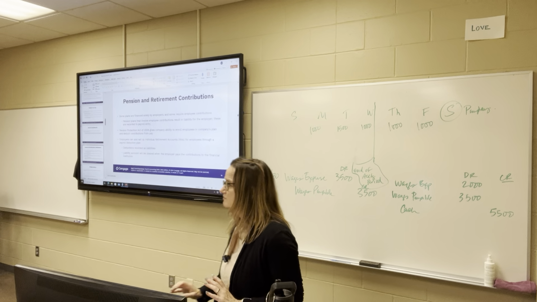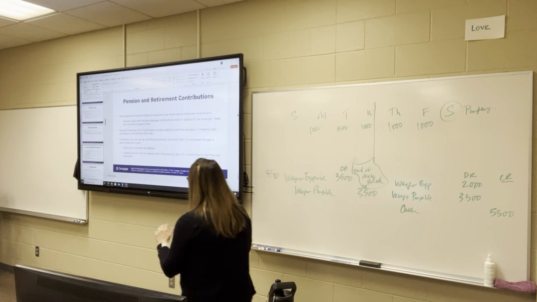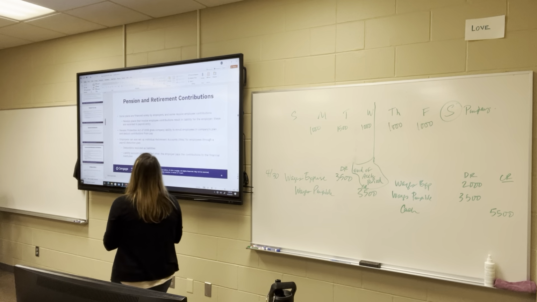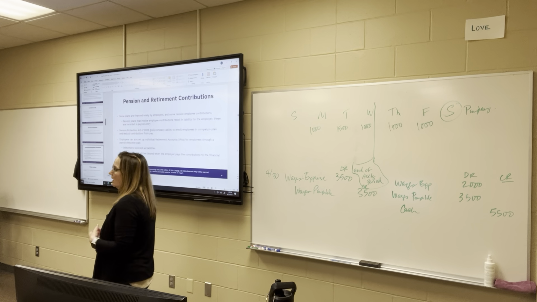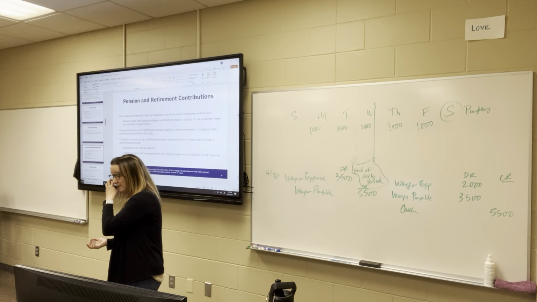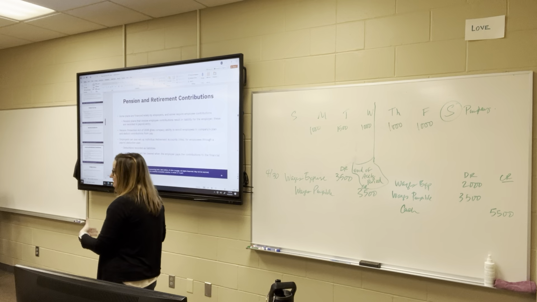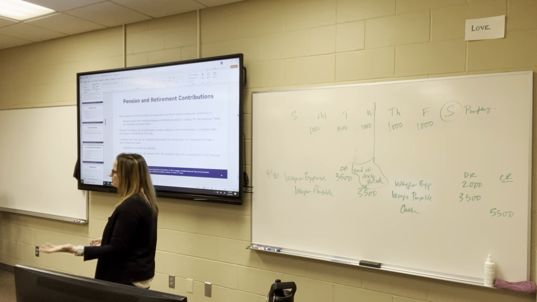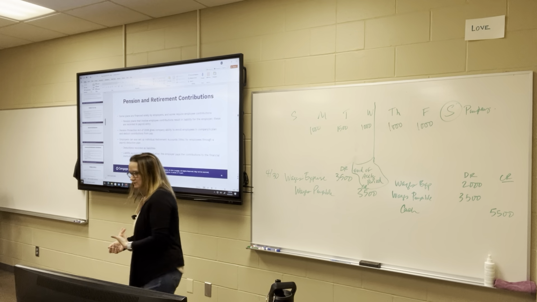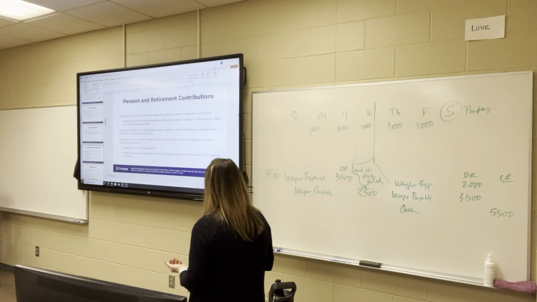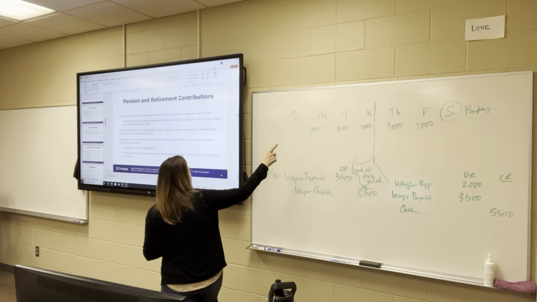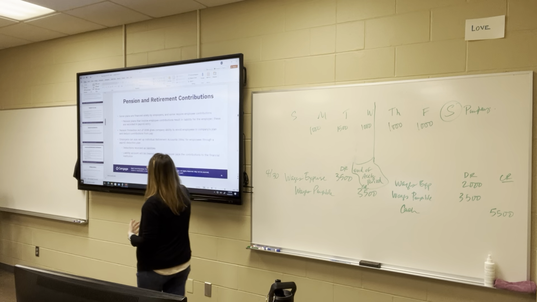Other types of voluntary, sometimes involuntary deductions: pension and retirement contributions. Oftentimes the employer will pay part of the pension contribution and the employee will have theirs withheld from their paycheck. Again, same story as the other types of withholdings.